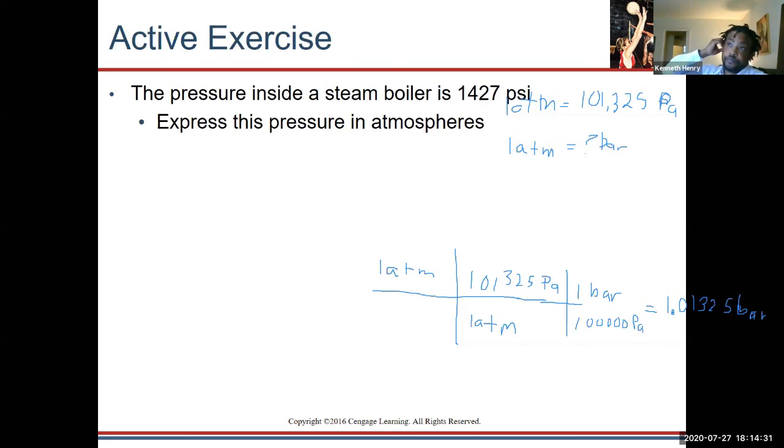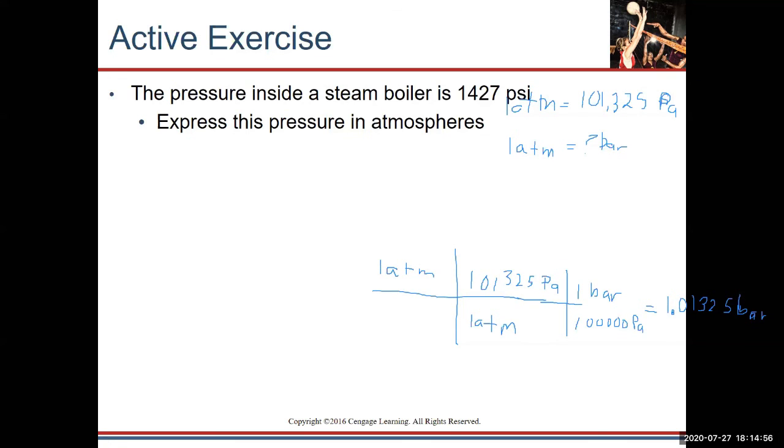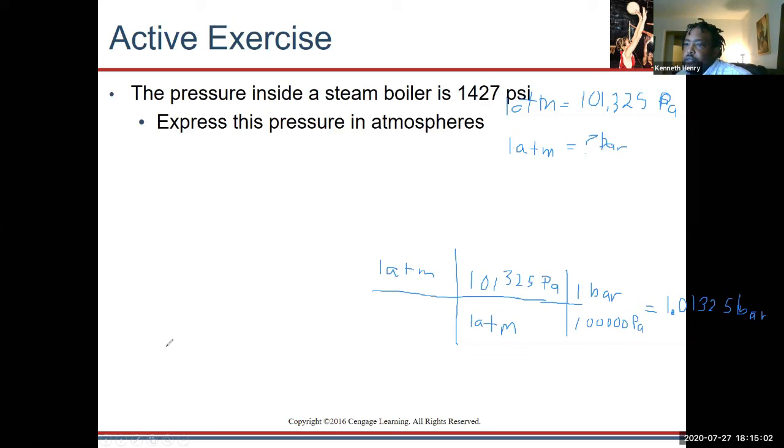Okay, so the pressure inside a steam boiler is 1,427 psi. Express the pressure in atm. How would I do that? Would you start off with the 1,427 psi? Okay.